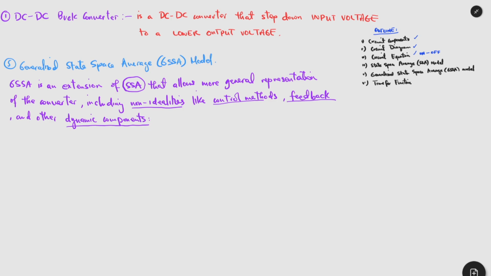And how about the state variables? In our previous state space averaging model, we have the Vout and the inductor current as our state space vector.